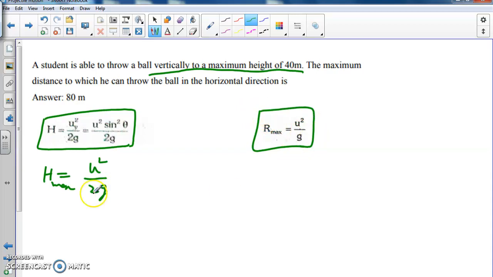So h max upon r max is half, so r max is equal to 2 times of h, this is 2 times of 40 meters.